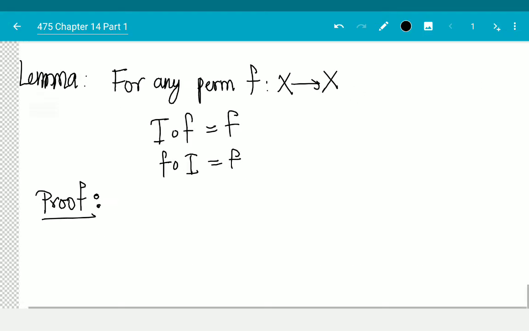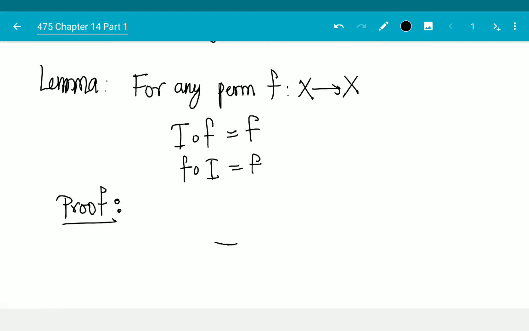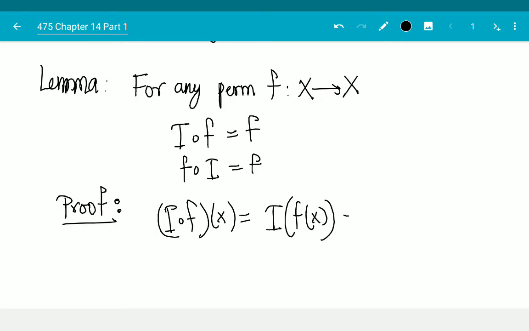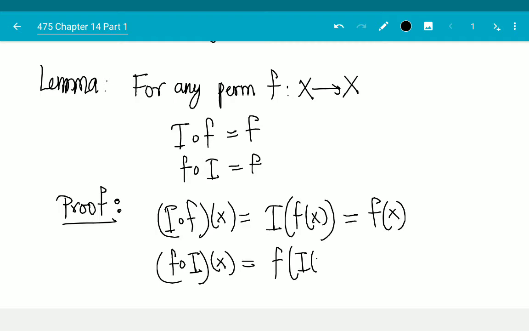Let us look at what it does to any element x. I composed f of x is equal to I of f of x. Well, I doesn't do anything, it just keeps it as it is, so this is f of x. What does f of I do? f of I of x is equal to f of I of x.